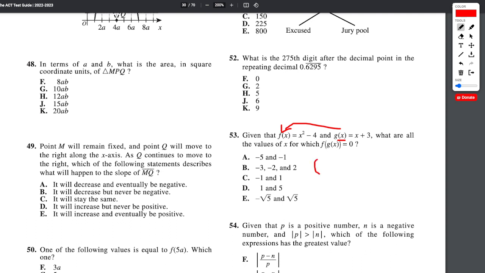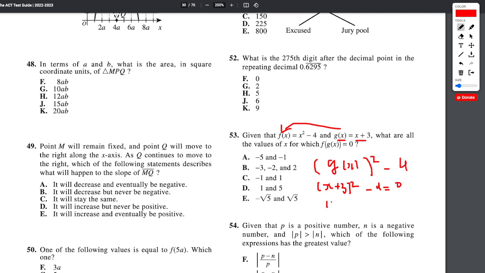So we take g of x, x plus 3, square that, and do minus 4. And that equals 0.